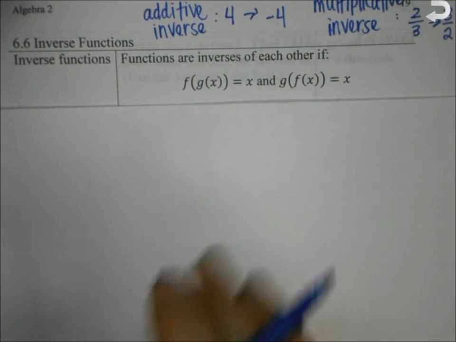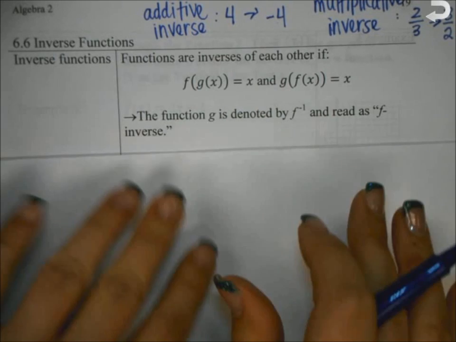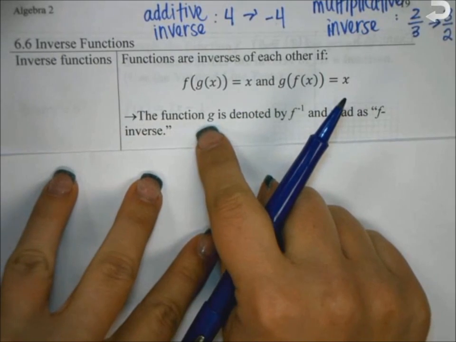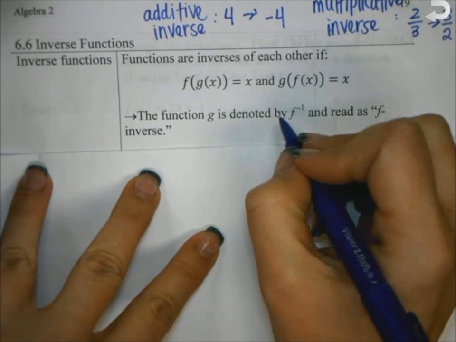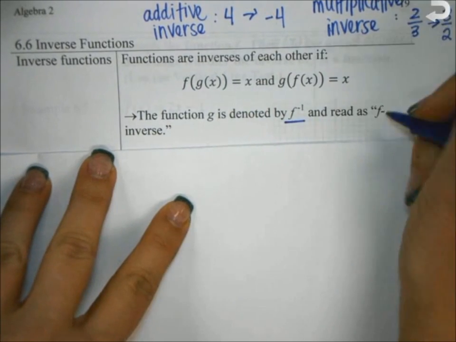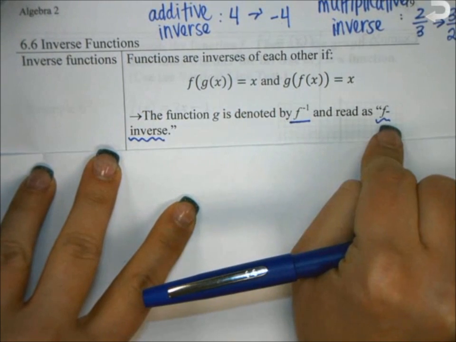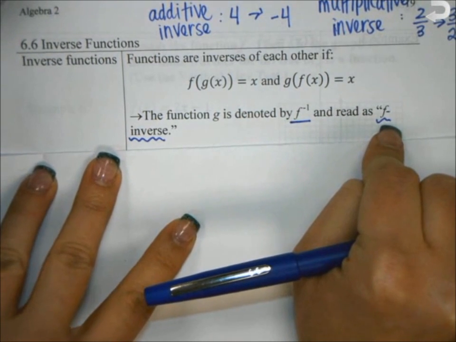If our original function is f, and g is the inverse of f, we can rewrite it as f to the -1, and we read that as f inverse. So if we ever have f to the -1, that means that's the inverse of f.